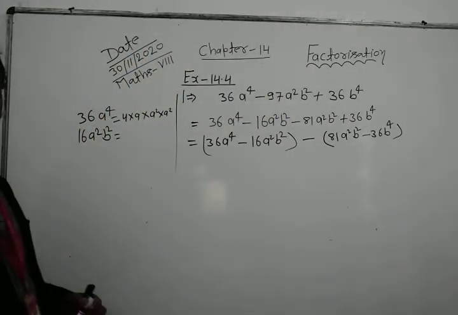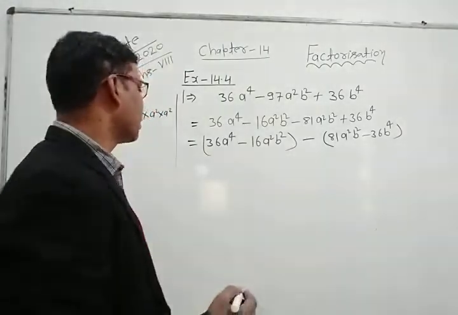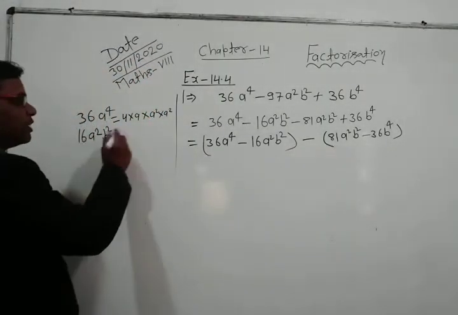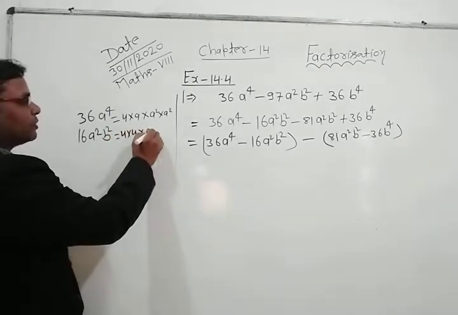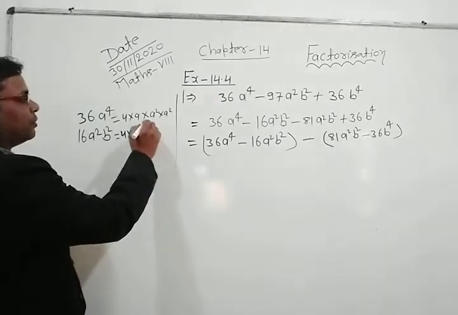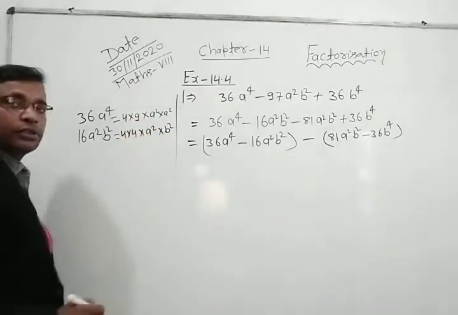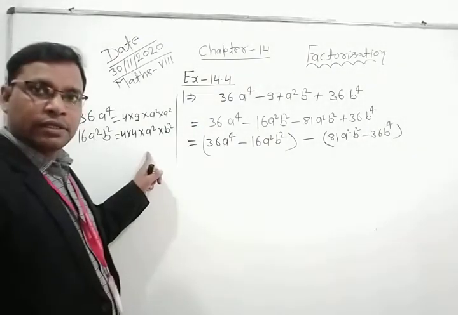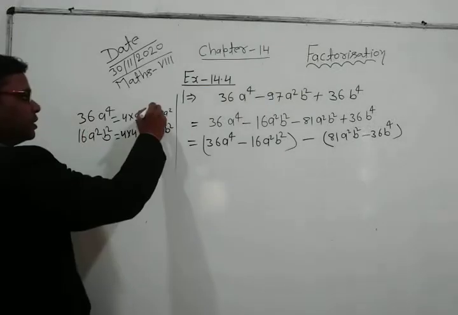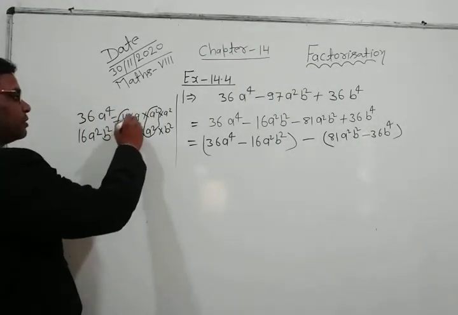So you write 16 as 4 into 4, into a^2 into b^2. This is 9. So what is common here? You can see a^2 is common and 4 is common.